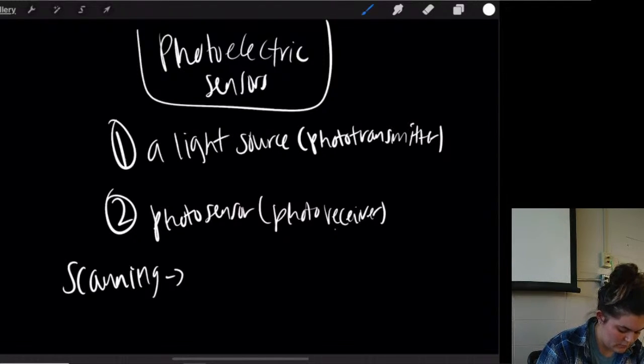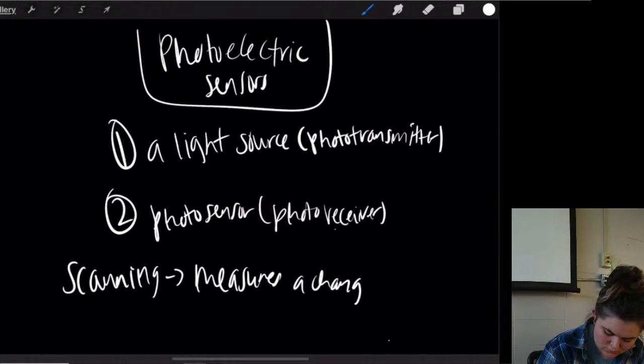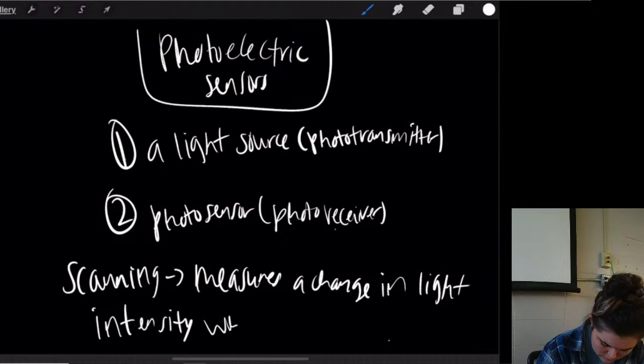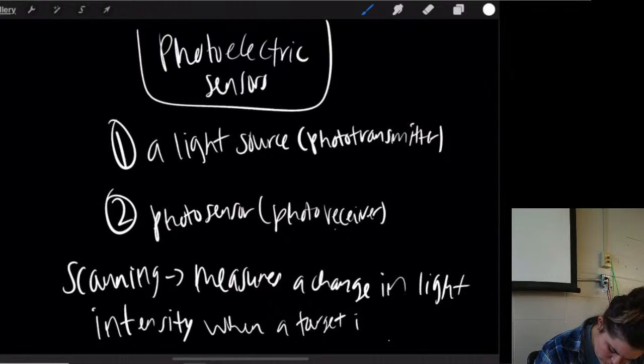So it basically measures a change in light intensity when a target is moved within the light beam.